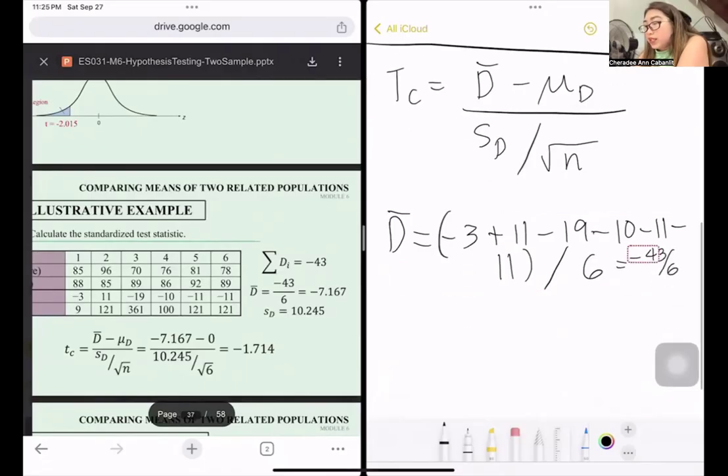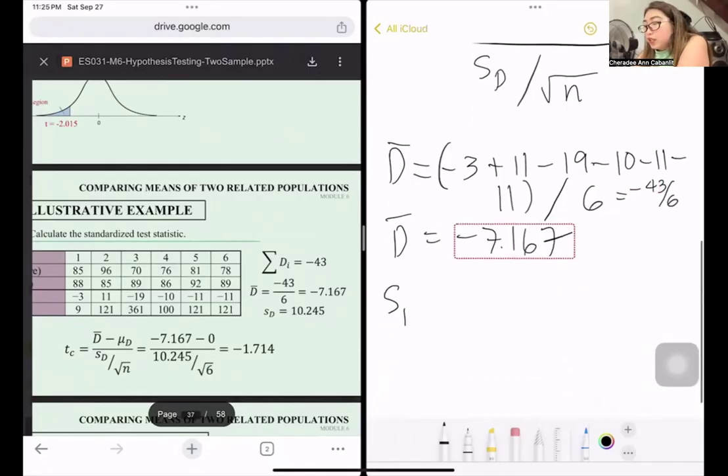Therefore, the mean difference is actually negative 7.167.